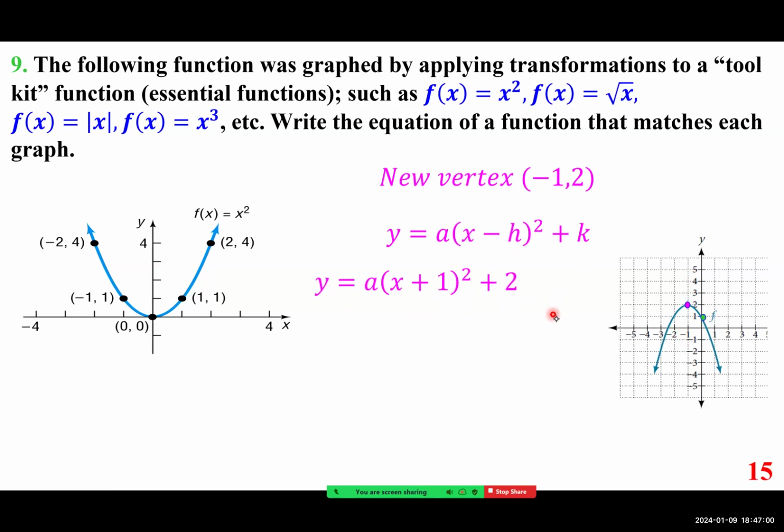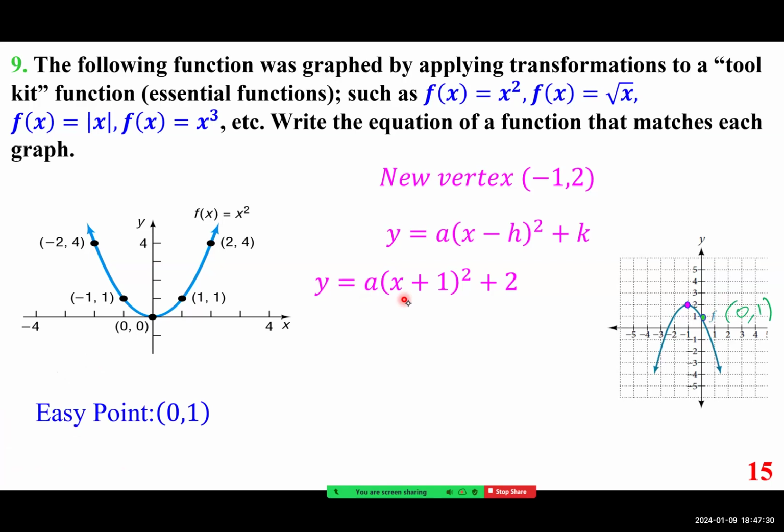And how do we find that? As long as we have one more point, you always want to go with an easy point. This point clearly has coordinates 0, 1. Replace the x with 0 and y with 1.